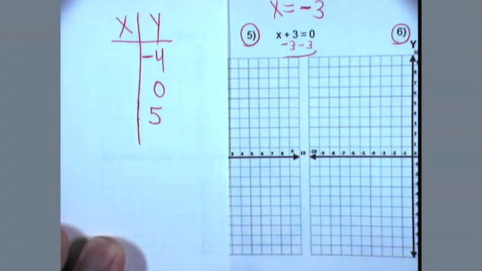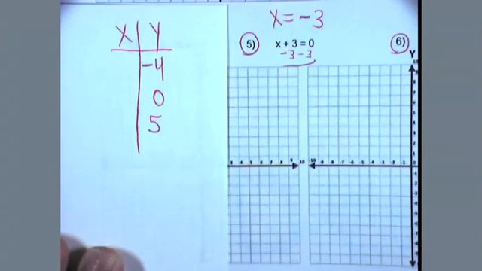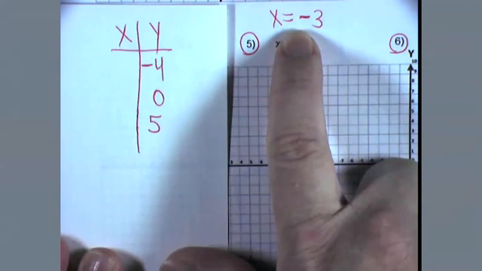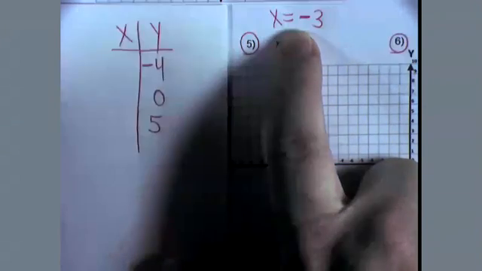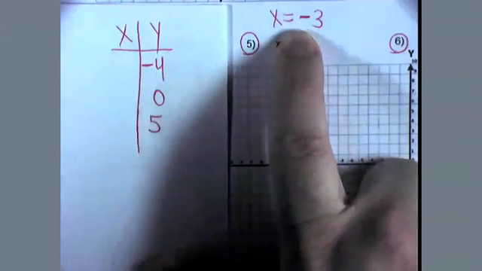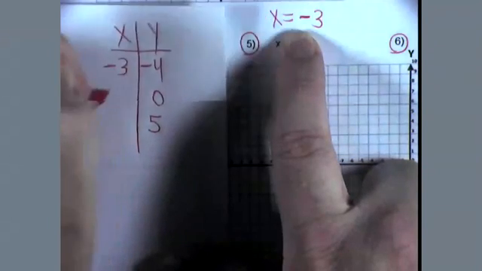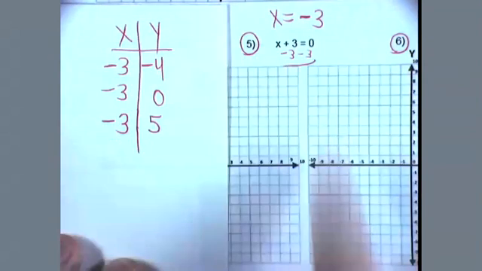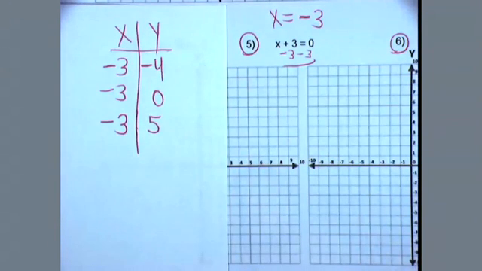Because no matter what we pick for the y value, according to our equation, x is always going to be a constant negative 3. So going down the x column is nothing but negative 3's. Just like that, we got 3 easy ordered pairs to plot.